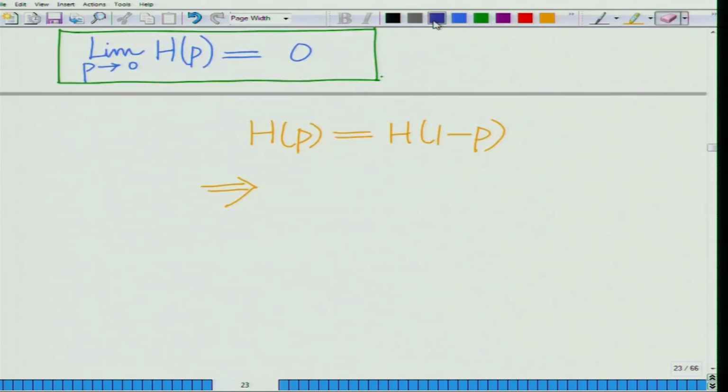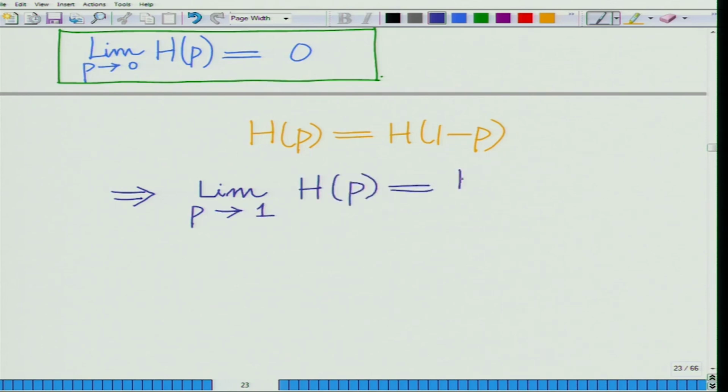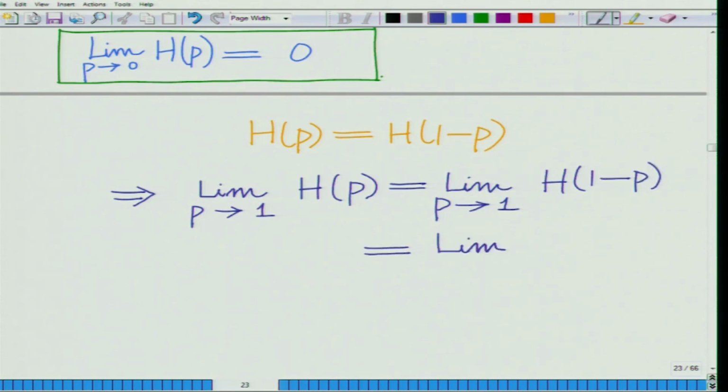So now it naturally follows that the limit as p tending to 1 of h of p is equal to, since h of p is h of 1 minus p, the limit as p tending to 1 of h of 1 minus p, which equals the limit as p tending to 0 of h of p, and this is equal to 0.